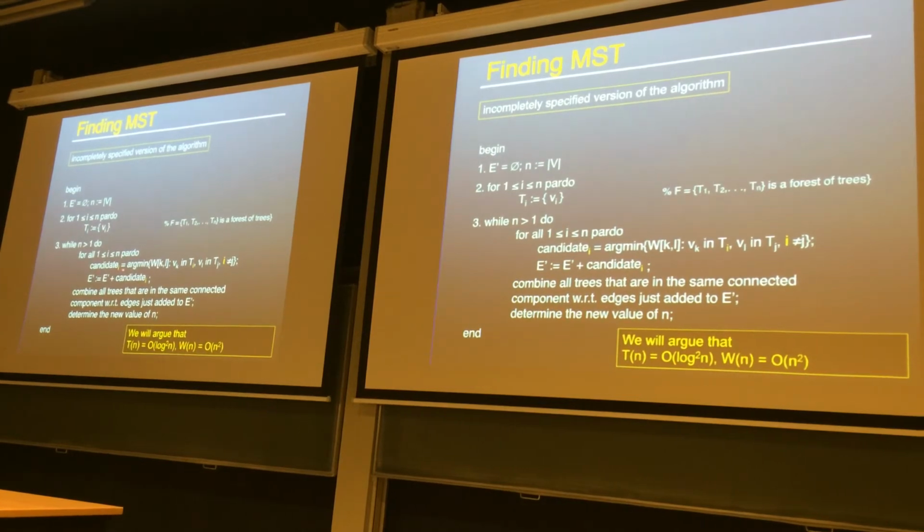Then you take as candidates the sets of arcs that minimize the distance between distinct components, and you add all these candidates to your set E prime. These all will constitute part of the minimum spanning tree. You combine all the trees by merging them, and you do a new iteration step.